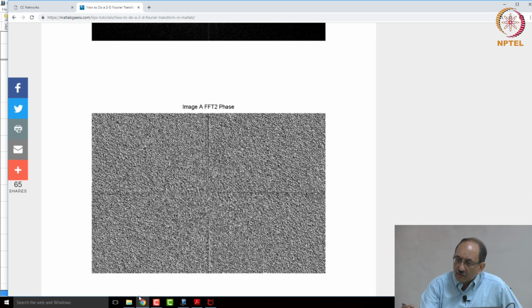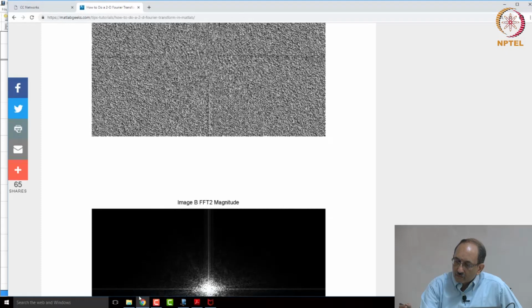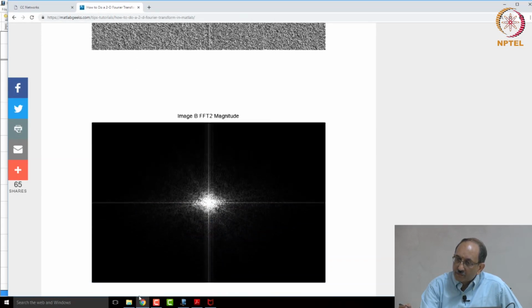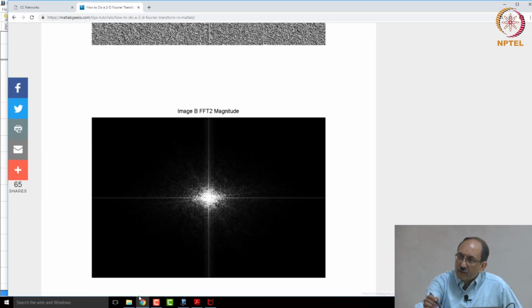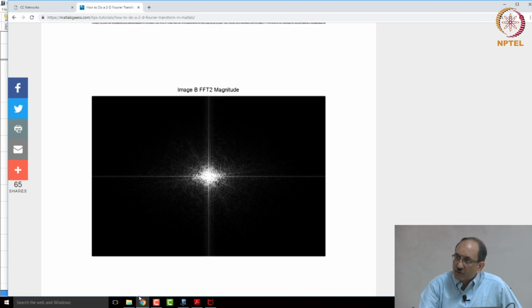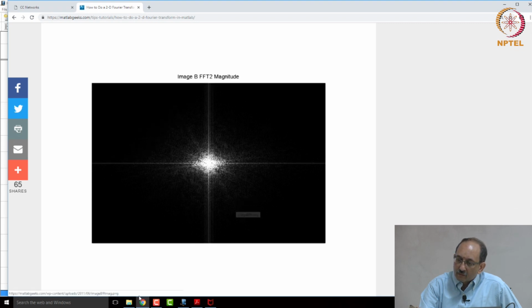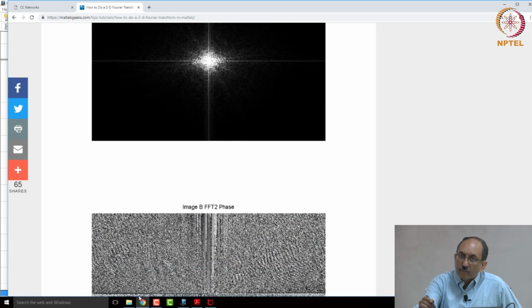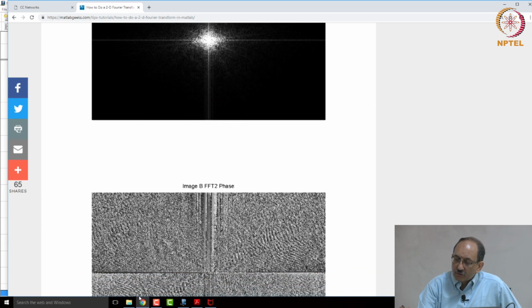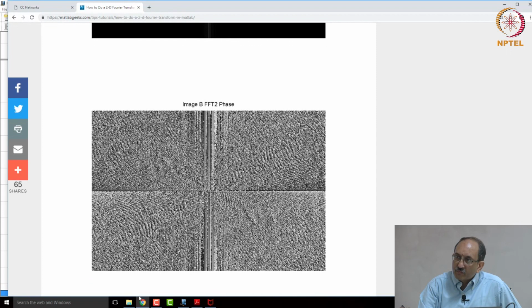So, this is image A phase and this is image B. So, this is phase as in PHASE. So, image 2 is the phase as in FACE and this is the magnitude response. Again this is largely low frequency and this is the phase of the second image. Again nothing much jumps out.